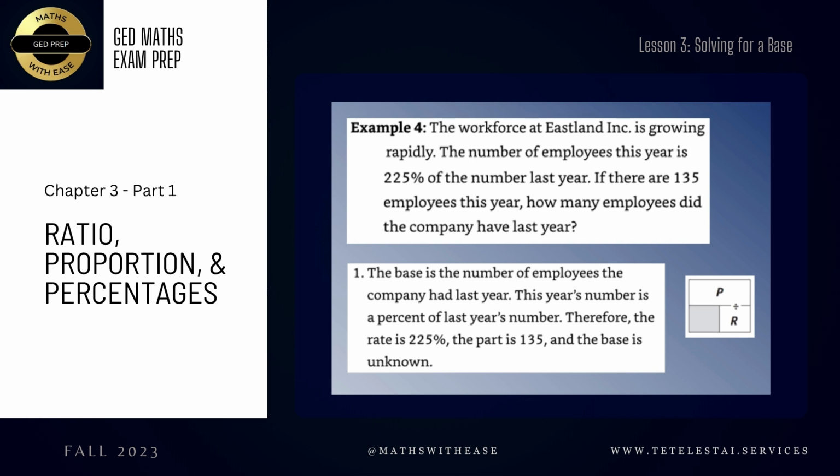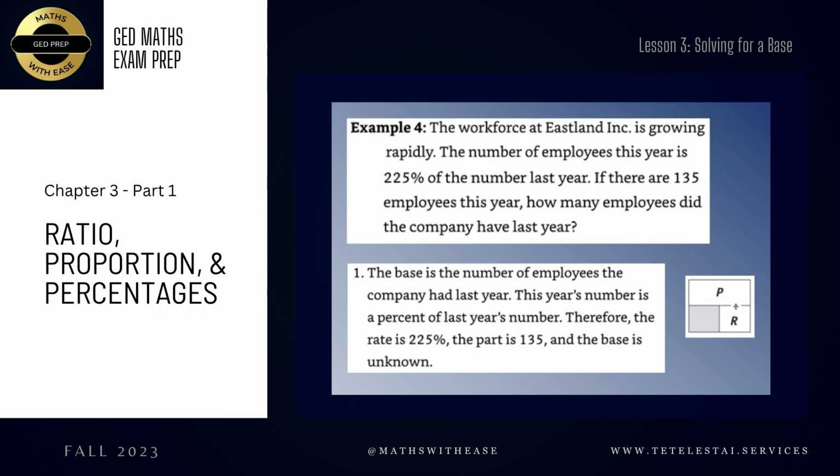This "how many" tells you, number one, that we don't know it, it's the variable. But also, this is the base, right? Because from the way the question is written, we know that this 135 is a part of a larger group of employees, but we don't know the number of that whole.